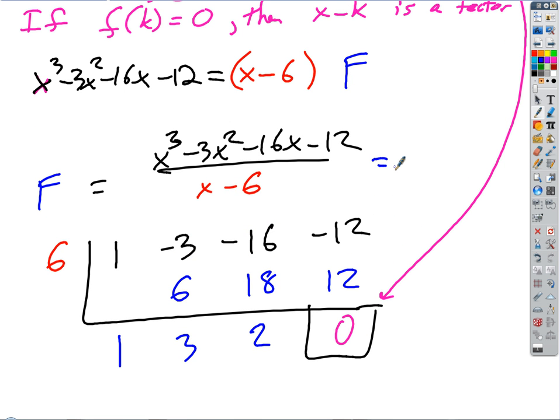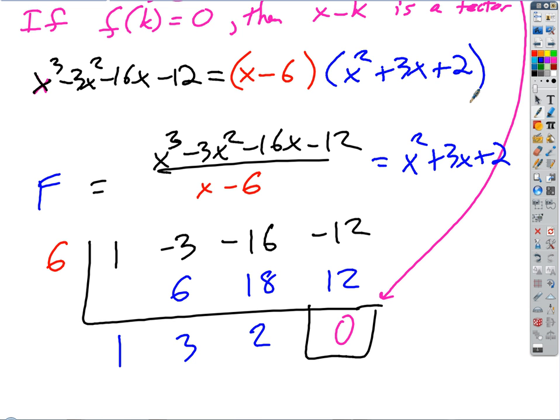x squared plus 3x plus 2. So I can go back up here and replace that f. That's the factor that goes there. Everybody see that? That's what the synthetic division did for us.